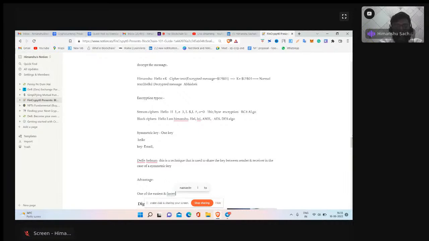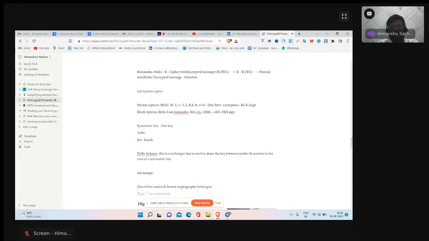This is the one feature. So when you compare with the other type, that is the asymmetric key cryptography, or one-way hashing cryptography, the symmetric key cryptography is one of the fastest cryptography that we have. Okay, also this cryptography gives you better performance.